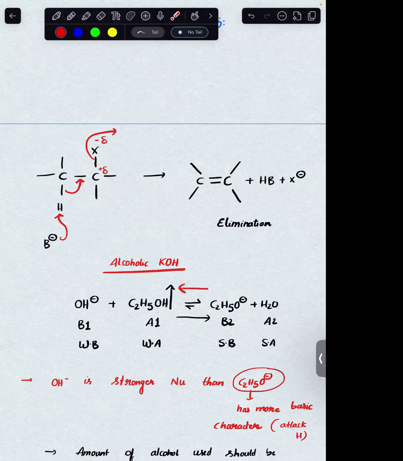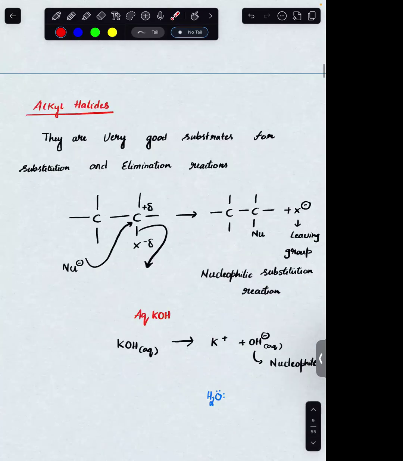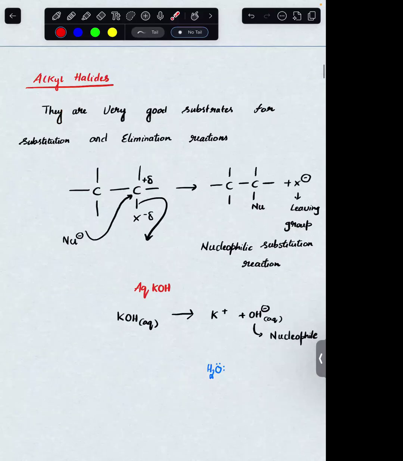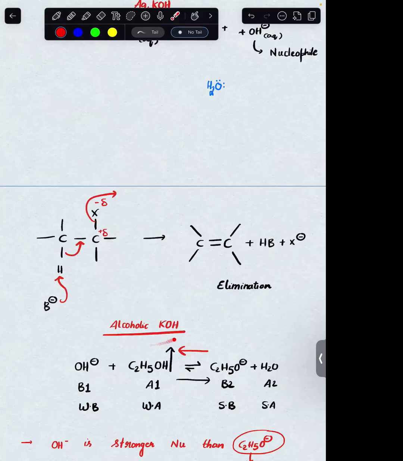If you have less alcohol, you will have a greater amount of OH minus only. If you have OH minus, again the substitution product will be a major product, or you cannot ensure alkene as the major product. My aim, when adding this reagent, is to have a greater and greater amount of alkene.